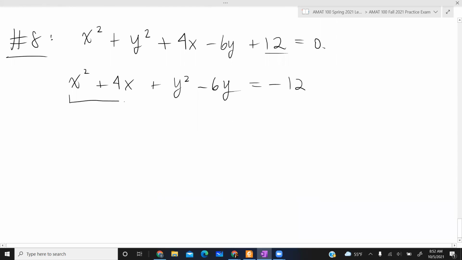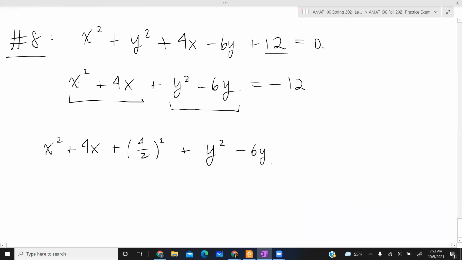So I need to complete the square on this, and then complete the square on that. To do that, I take half of the coefficient of the x term and square it, so I'm doing (4/2) squared. Then I take half of the y term coefficient, so it's (-6/2) squared.